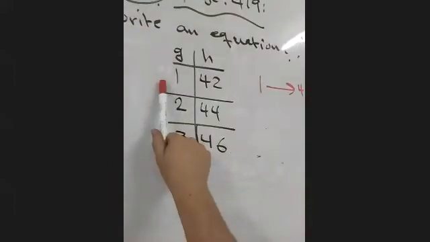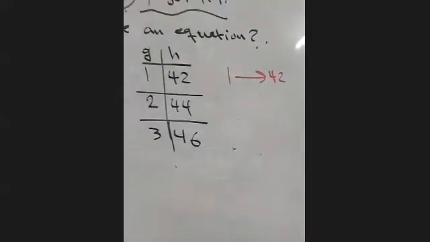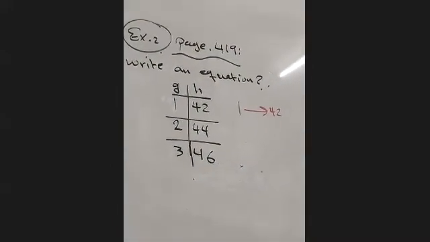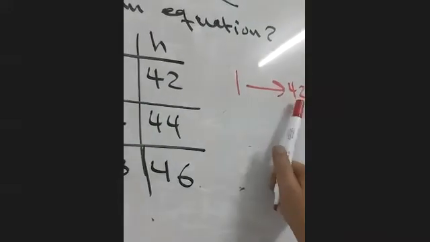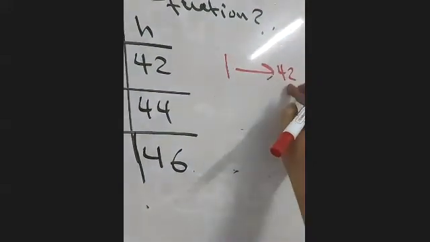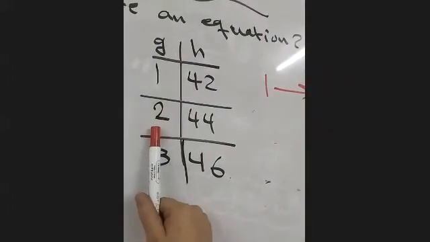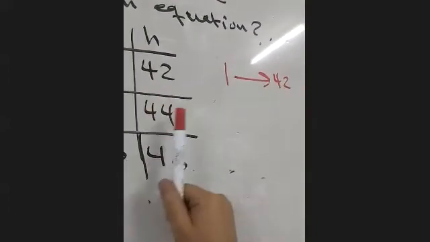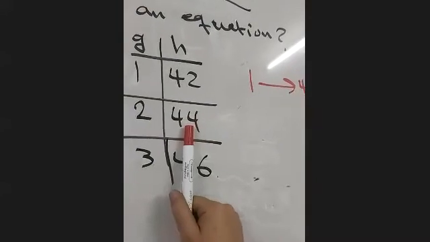How does the 1 become 42? By multiplying it by 42. But if we multiply 1 by 42, it's 42. If you multiply 2 by 42, you won't get 44. You will get 84, right? So the multiplication is wrong.